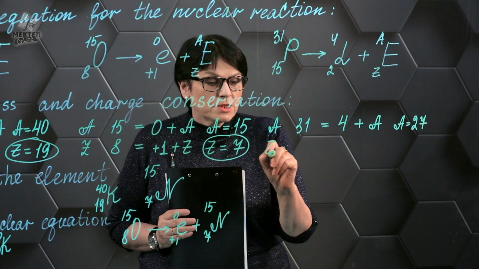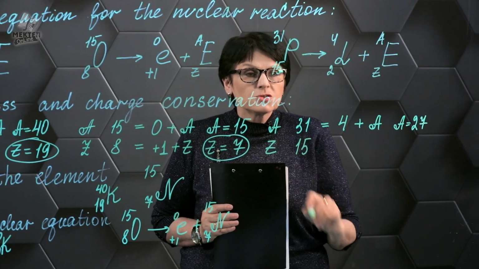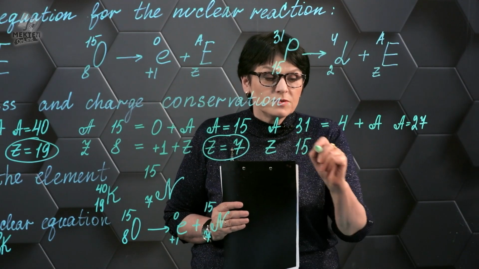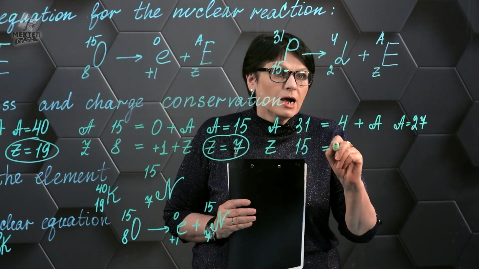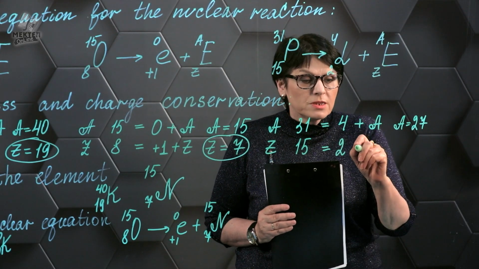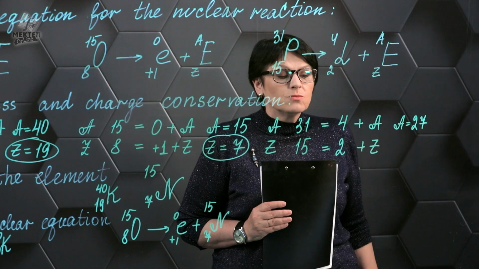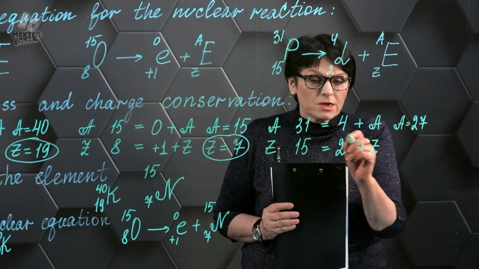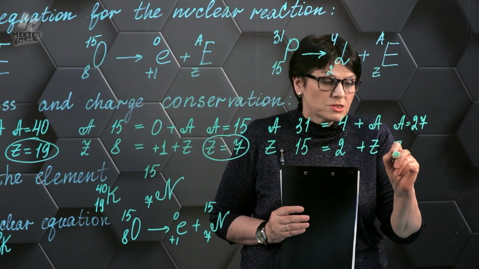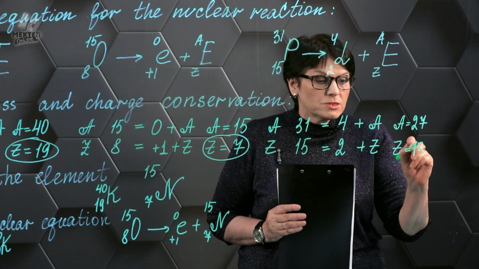Now we need to establish what our charge will be. To do that we have 15, which is the number we see on the left hand side for phosphorus. And on the right hand side, for the alpha particle, we have 2. In this case the charge of this element, that is its number, will be unknown. But since we must have a total of 15, we can easily conclude that we have this element with the number 13.